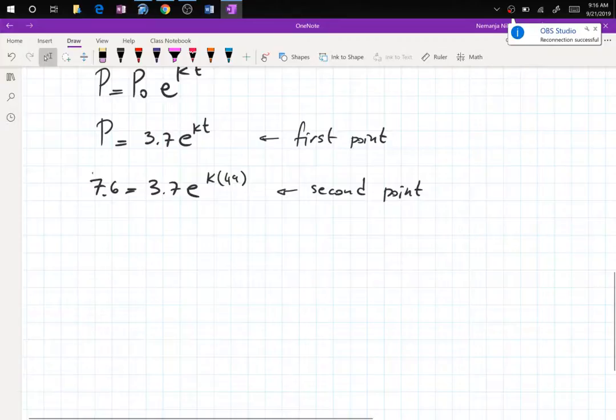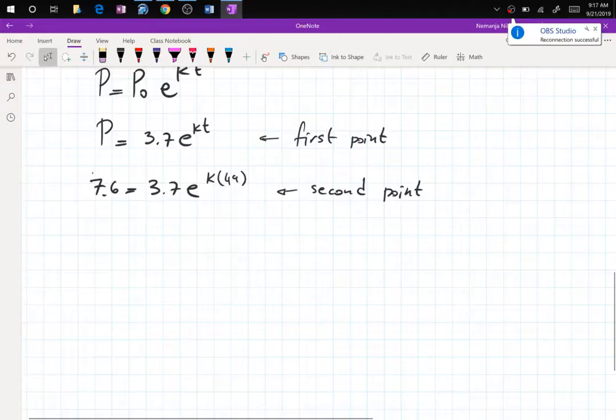So we are going to divide 7.6 by 3.7. So 7.6 divided by 3.7. And then we are going to keep 4 decimal places. You ignore non-zero ones, because we do not want to take a lot of error with us as we calculate.